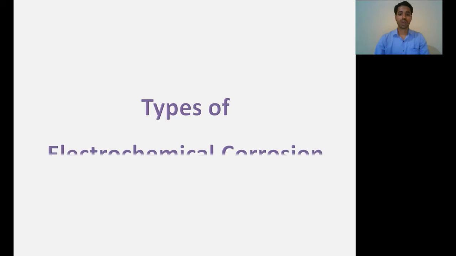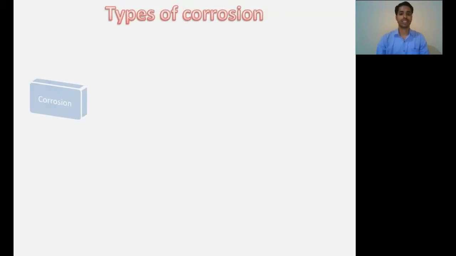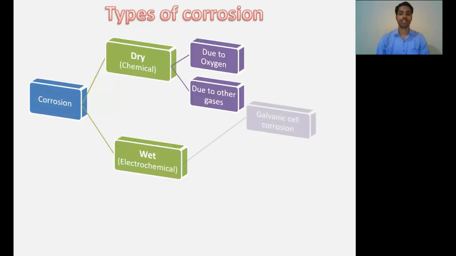Today we are going to talk about types of electrochemical corrosion. In the last lecture we discussed two mechanisms of electrochemical corrosion, which are evolution of hydrogen and absorption of oxygen. Now in this lecture let's talk about types of electrochemical corrosion.